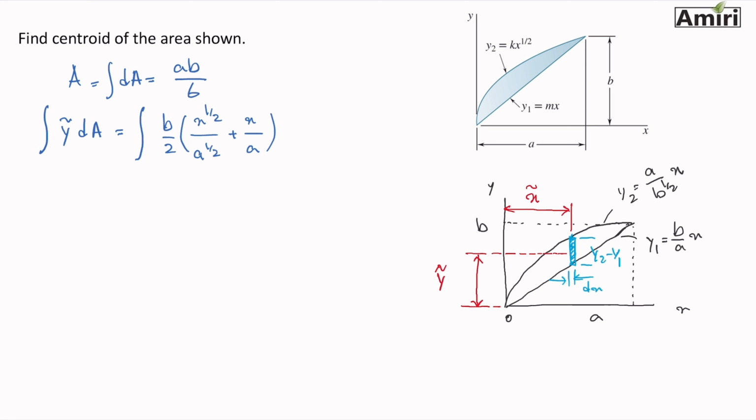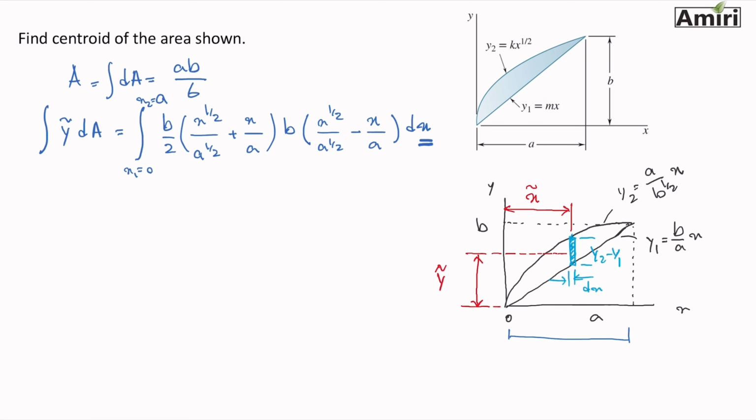This is my y tilde, multiplied by b, and then my dA is pretty much the same thing, except this is a minus sign, and dx. Again, I have dx here, so my limits of my integral are also going to be x, from 0 to a, since this is an area.